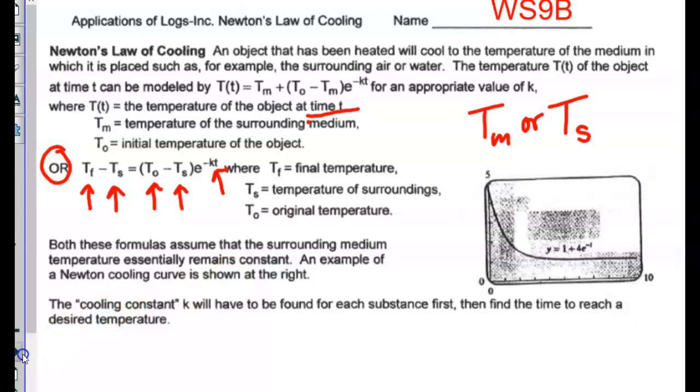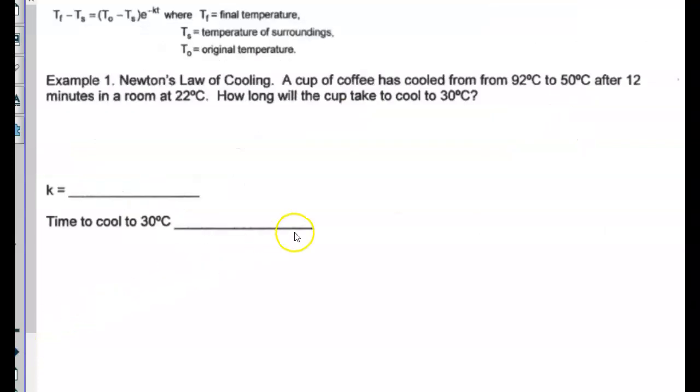All right, moving on. So this is what we're going to use. It says Newton's law of cooling: a cup of coffee has cooled from 92 to 50 degrees after 12 minutes in a room at 22. All of that information is going to help us find k.